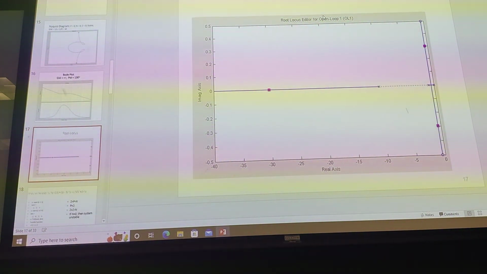And the root locus is shown there. We have poles on the axis and on the left part of the plane.